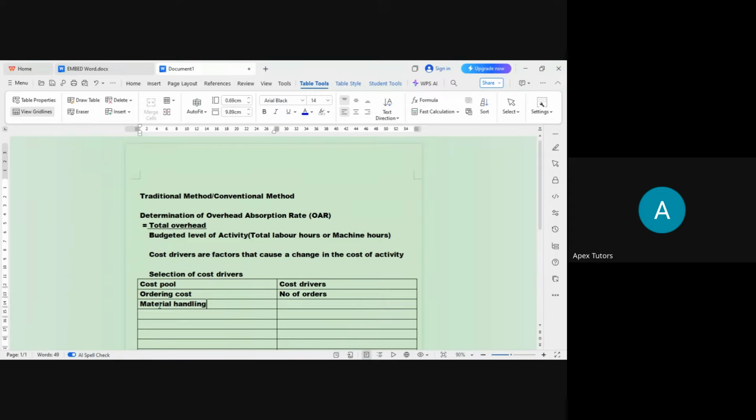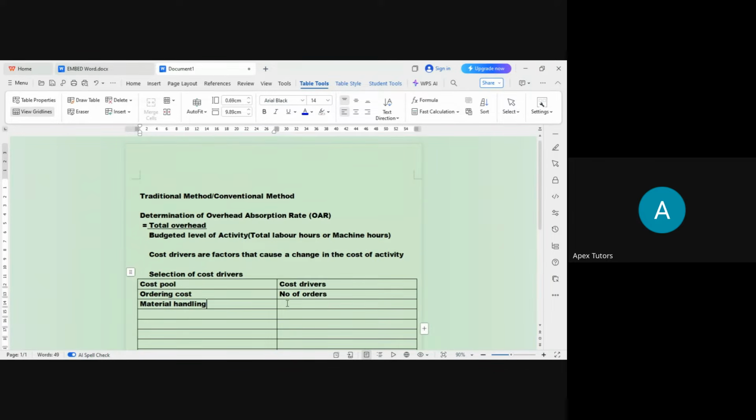It will be how often do you move material from your store, from your warehouse to the production house? From your warehouse to the factory, how often? It means the personnel engaged in moving those materials. How often, how many times do you engage them? It will determine how much you are to pay on material handling.